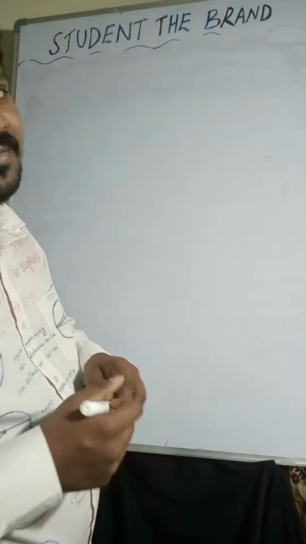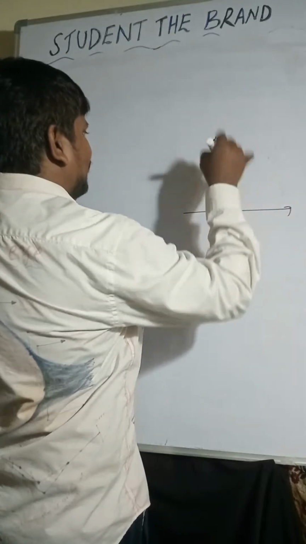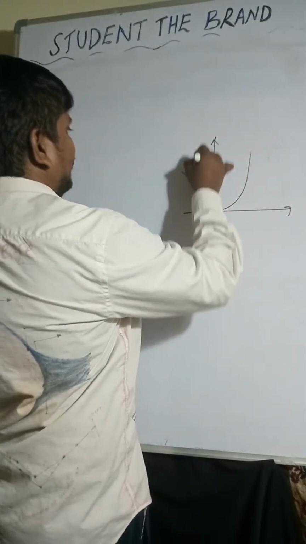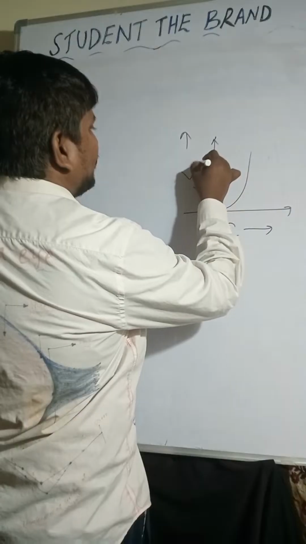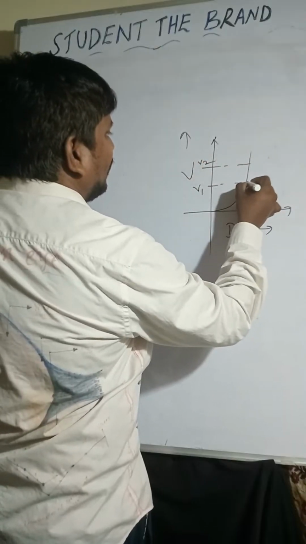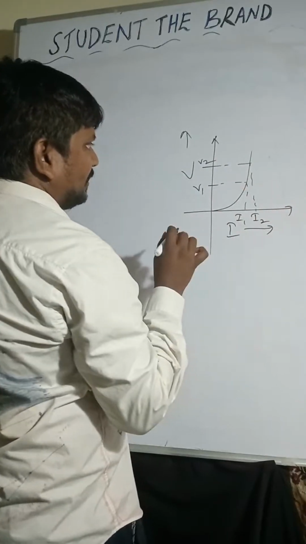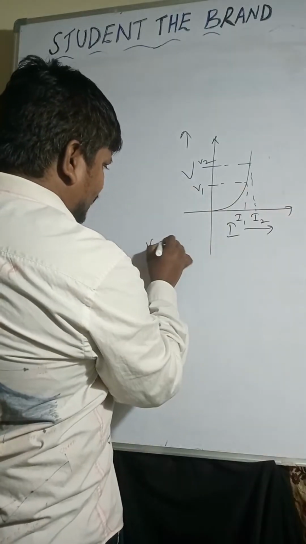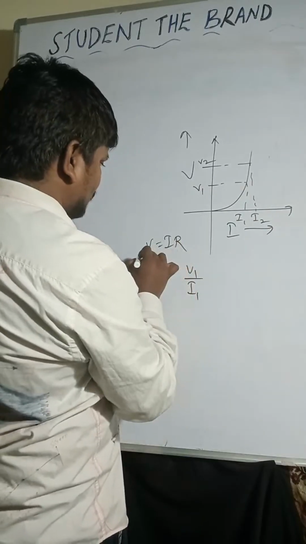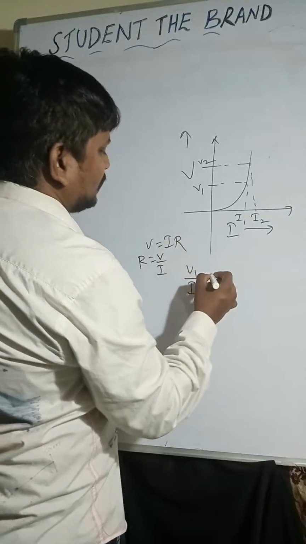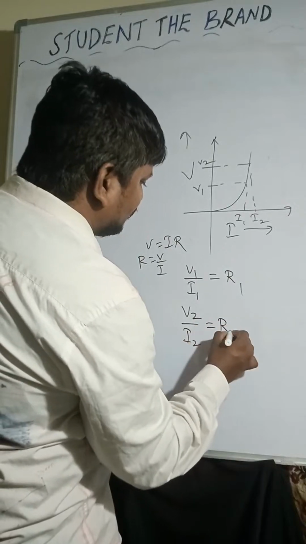Actually, I will draw one graph and ask one question. Is Ohm's law applicable for non-ohmic conductors also? If you take V and I, this is V1 and this is V2, and here I1 and I2. Using the formula V equal to IR, R equal to V by I. So V1 by I1 is R1, and V2 by I2 is R2.